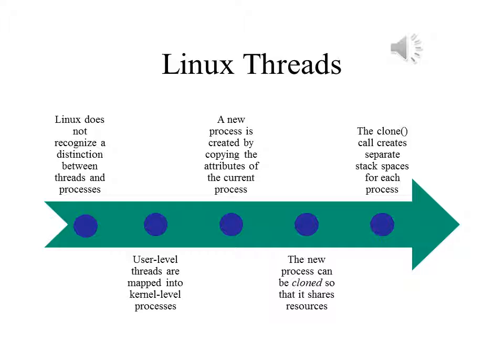If they are, then they are sharing the same address space, so that a context switch is basically just a jump from one location of code to another location of code. Although cloned processes that are part of the same process group can share the same memory space, they cannot share the same user stacks. Thus, the clone call creates separate stack spaces for each process.